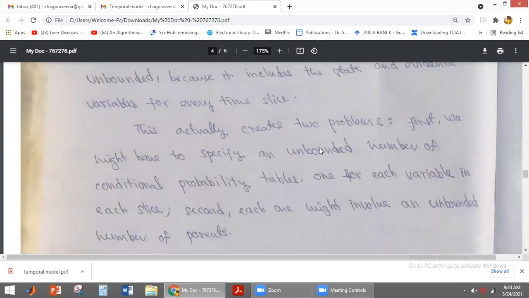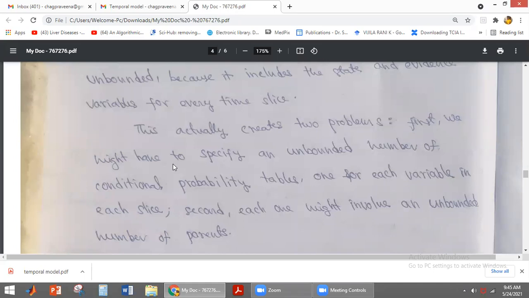This problem creates two types of problems. The first one is that we might have to specify an unbounded number of conditional probability tables, one for each variable in each slice. In each slice we have the state variables and evidence variables, and when we write the Bayesian network, we have to represent a conditional probability table for each variable.